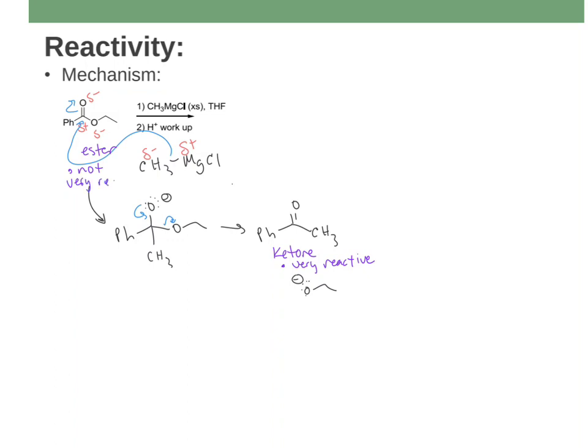They're not very electrophilic. And so what's going to happen is your Grignard reagent is going to react with a couple of these esters, but then they're going to form ketones, and ketones are more reactive than the esters are. So as soon as you get a ketone, your Grignard reagent is going to go and attack that ketone because it's more reactive. It's going to be a faster reaction.